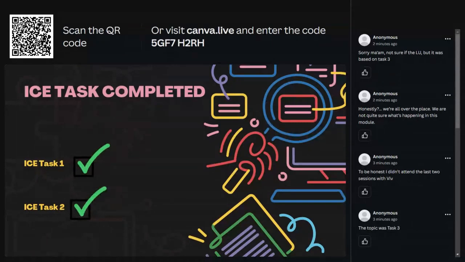Just for clarity, I'm going to pick up from task 3 this evening, and then I'm going to do task 4 at the beginning of our next session. I will also give you clarity in an announcement on where I will start my sessions from in terms of the content. I'll send it in advance, like I did this morning, so that you can prepare for the session.